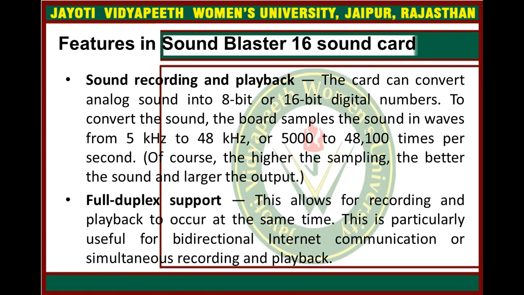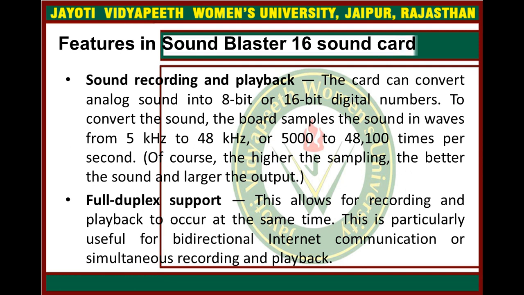Now these are the features in Sound Blaster 16 sound cards. First is sound recording and playback. In this, the card can convert analog sound into 8-bit or 16-bit digital numbers.